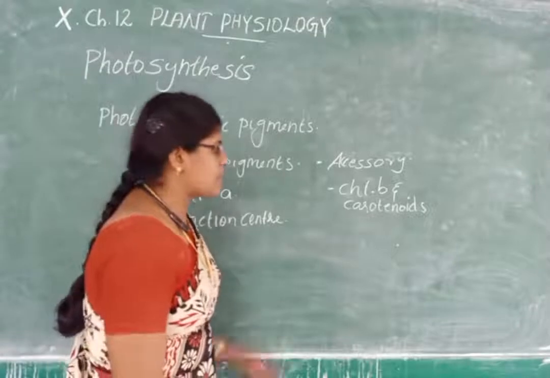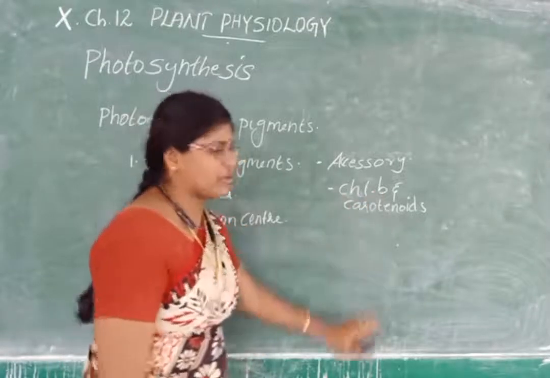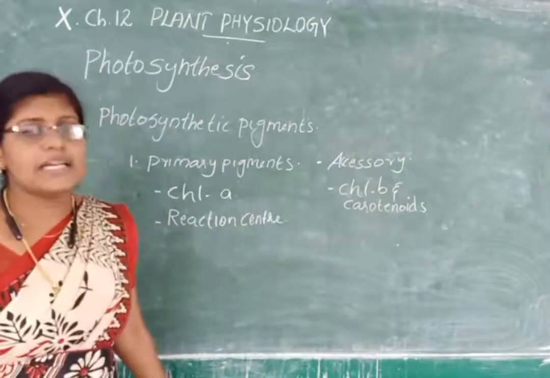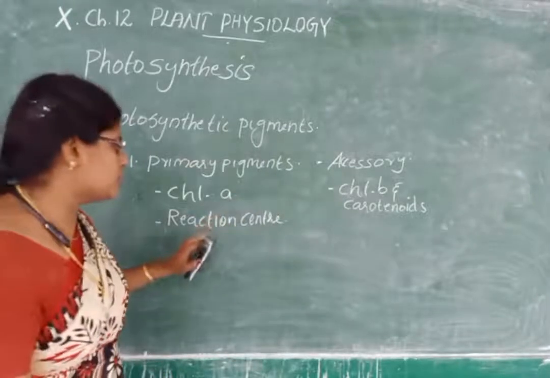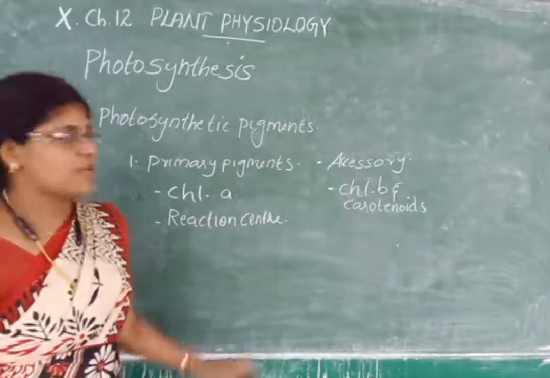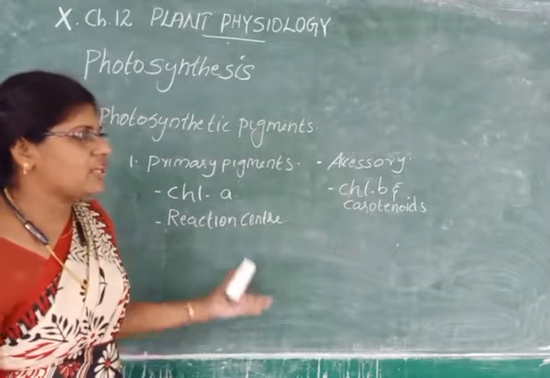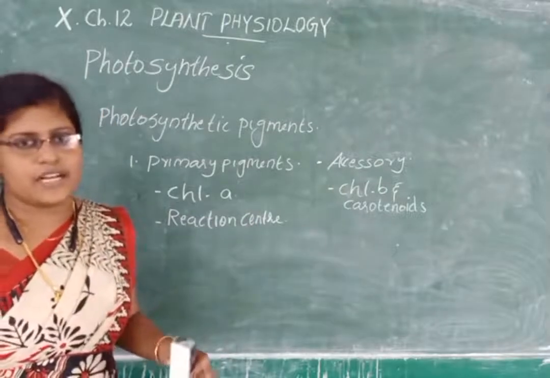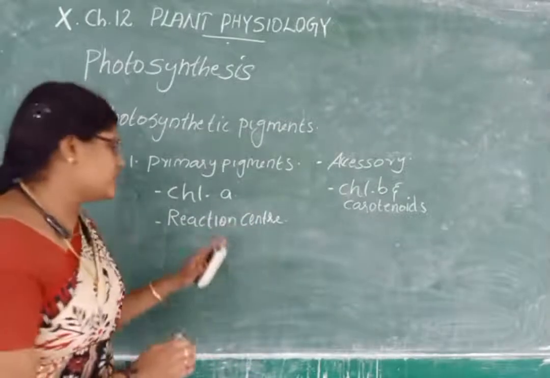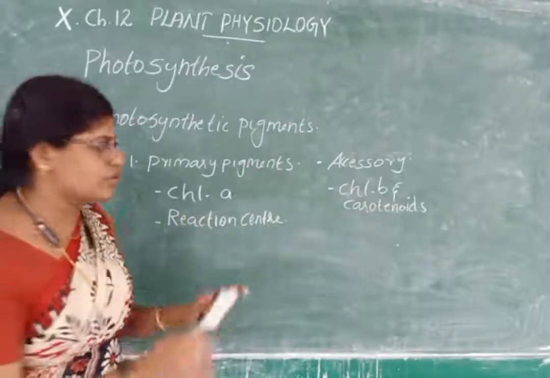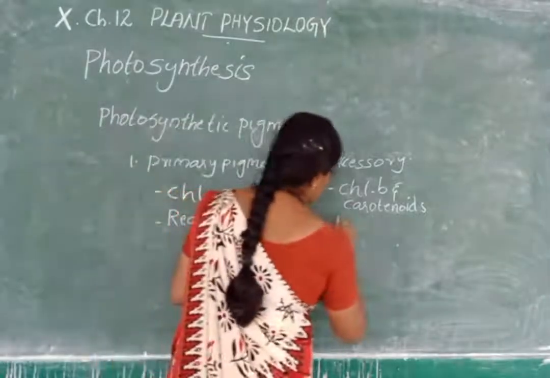Whereas the accessory pigments, chlorophyll B and carotenoids, absorb light energy from the sunlight and pass that energy to the chlorophyll A molecule, so they are called the harvesting center.